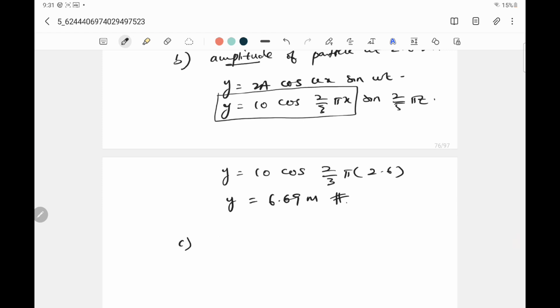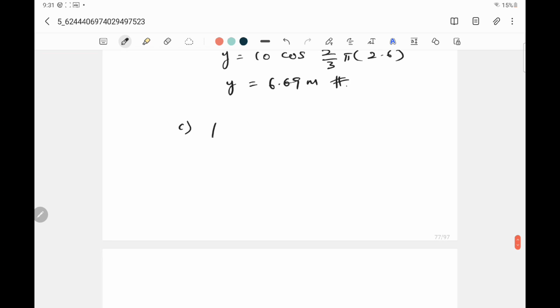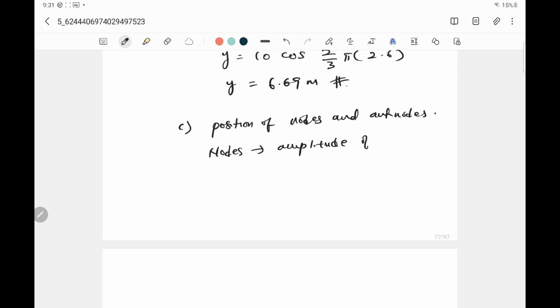Okay, c. Okay, let's see. You have to find the position of nodes. Okay, remember that at nodes the amplitude of the particle is zero displacement.